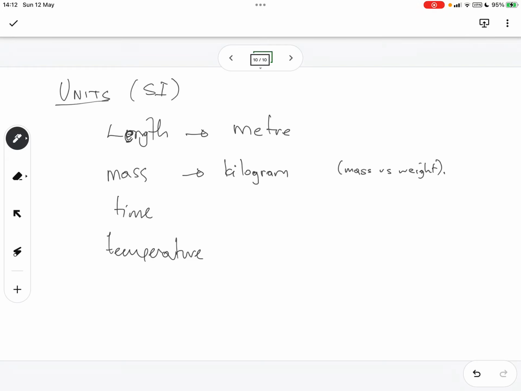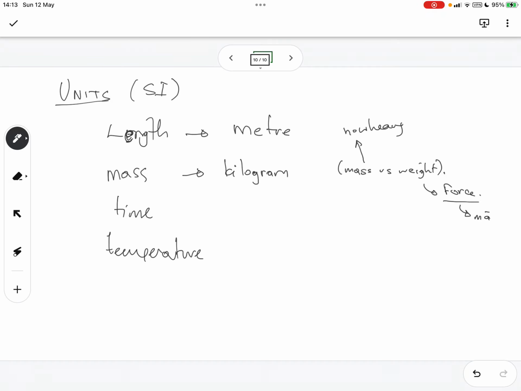Okay, the basic reason is that mass is how heavy an object is, but weight is actually a force. And the definition of a force from Newton is that it is the mass of an object times an acceleration, right?